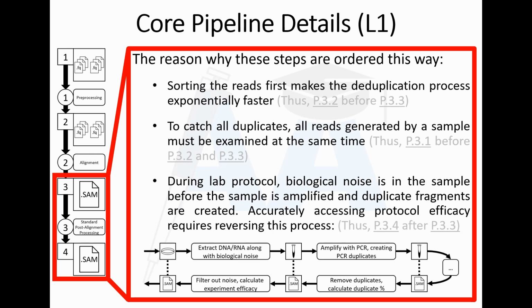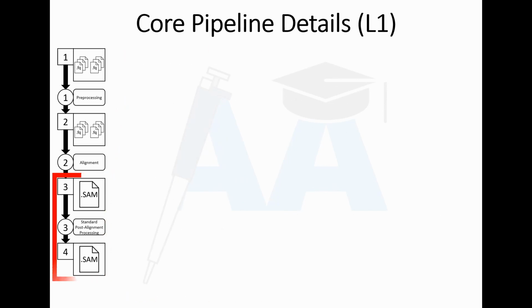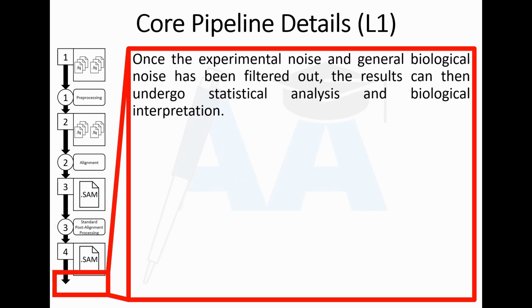Of course, doing these steps in a different order will almost never cause a significant difference in the resulting data metrics. Once the experimental noise and general biological noise has been filtered out, the data is now ready to undergo statistical analysis and biological interpretation.